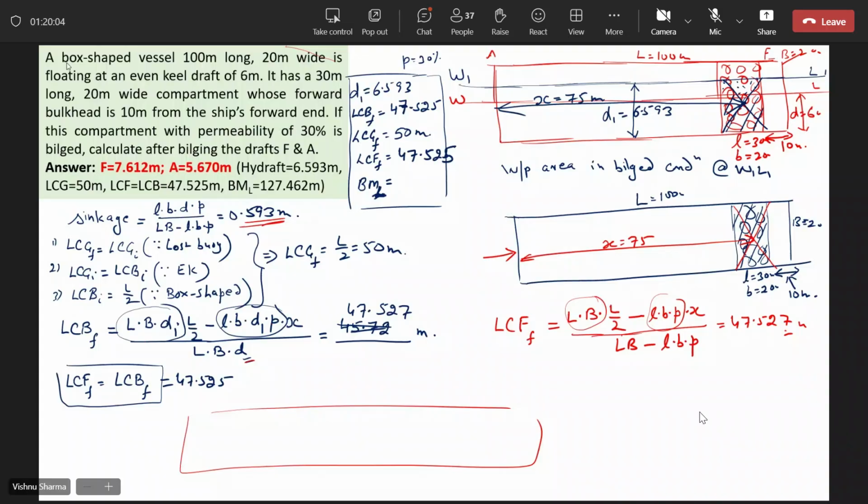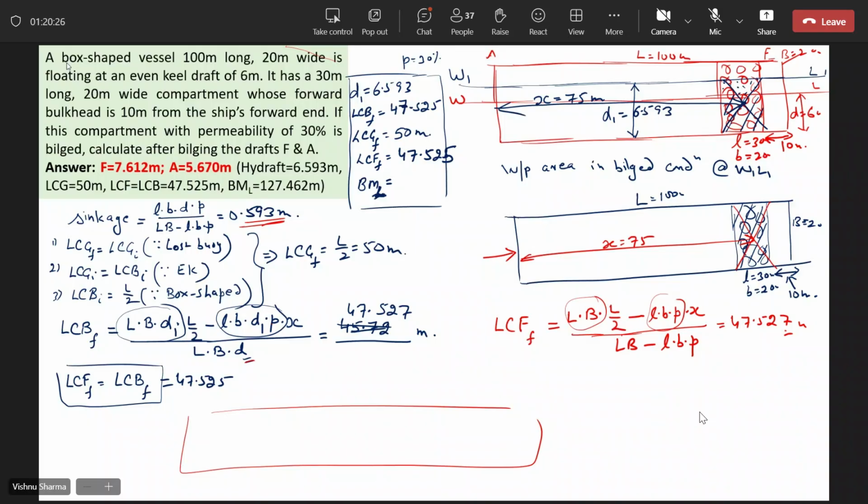Inertia work divided by volume of displacement. I of what, beta? IFF. And which moment of inertia? I said two things, Dolrich. One is FF, other is what? Intact water plane, correct? Yes, intact water plane.